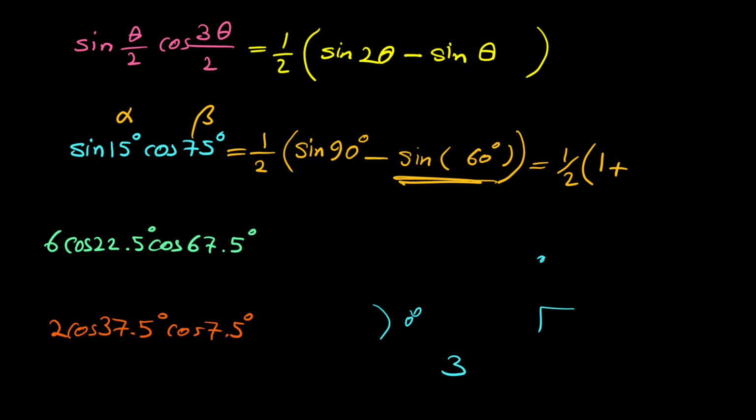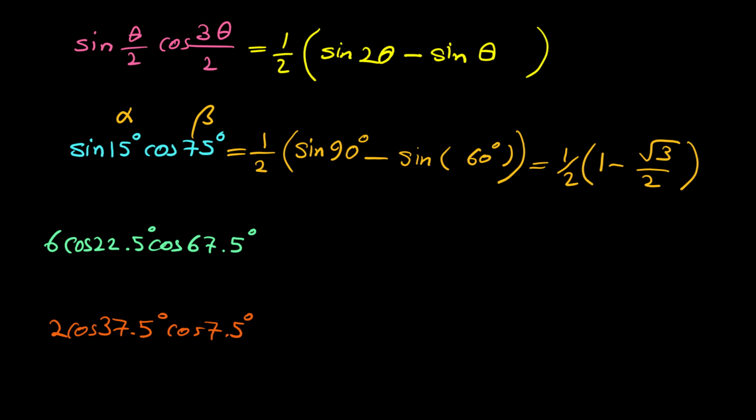So sine of 60 degrees is radical 3 over 2, but we have a negative outside, so minus radical 3 over 2. And this is the answer for this question. If you want, you can multiply the 1/2 in the bracket, or you can leave it outside. It's up to you.